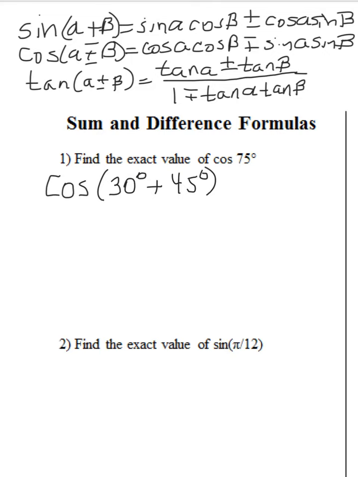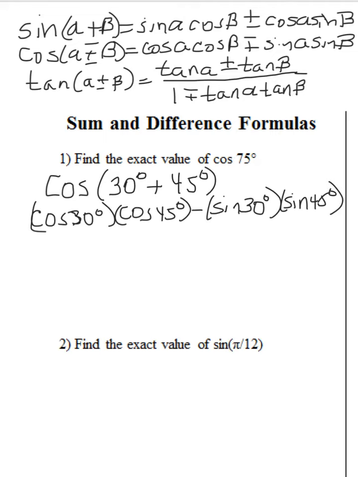So we're going to use our cosine alpha plus beta formula. This is the one we're going to use. So we're going to do cosine alpha cosine beta minus sine alpha sine beta. Let's go ahead and write that down.